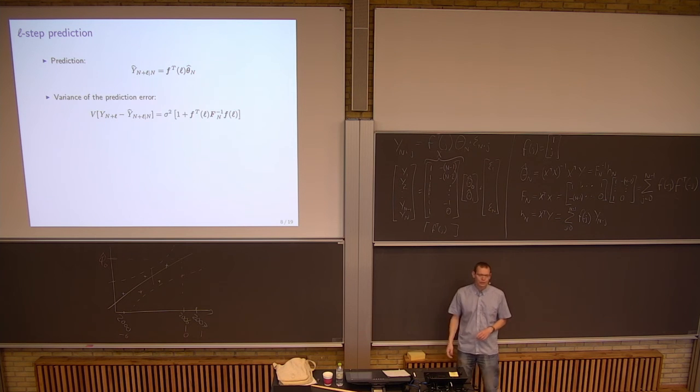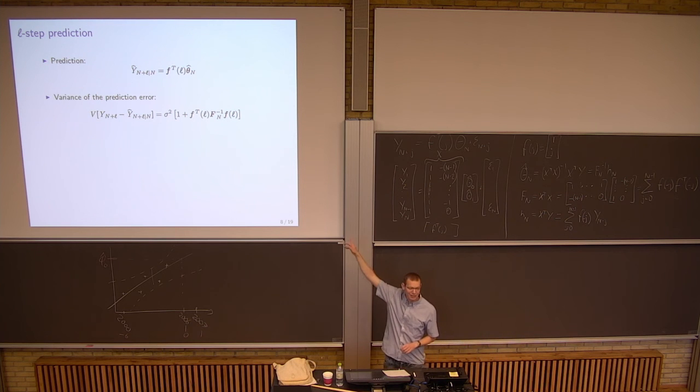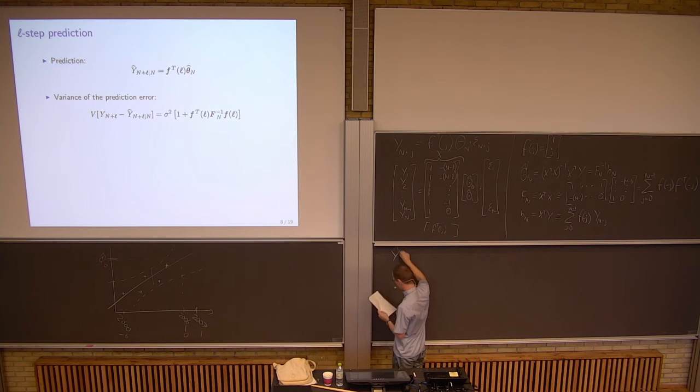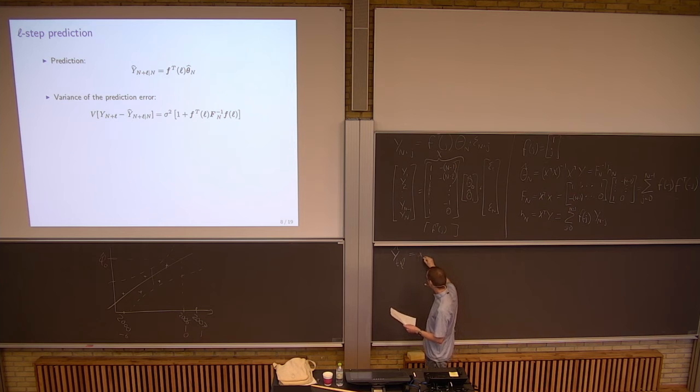And the variance of the prediction error, I don't know if you recognize that expression, but I'll recap one thing from last week. So last week we had the y hat at some, let's call it t plus l, was equal to x t plus l transpose, and the estimate of theta that we had.